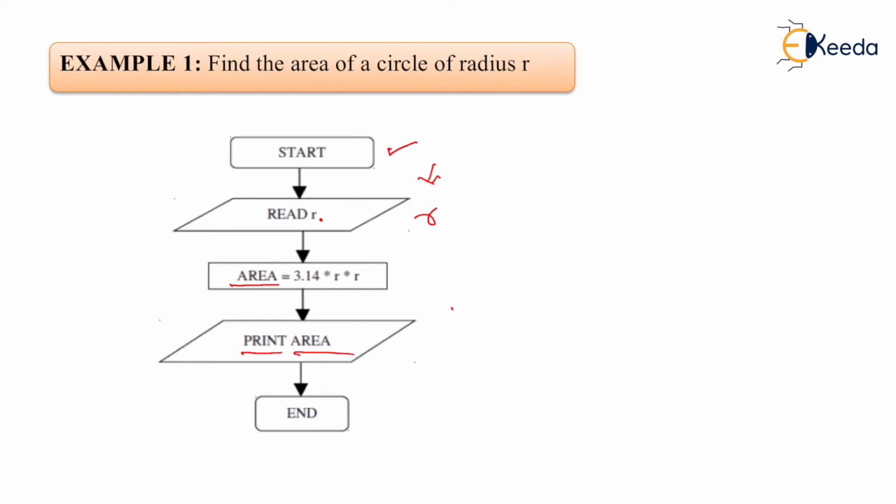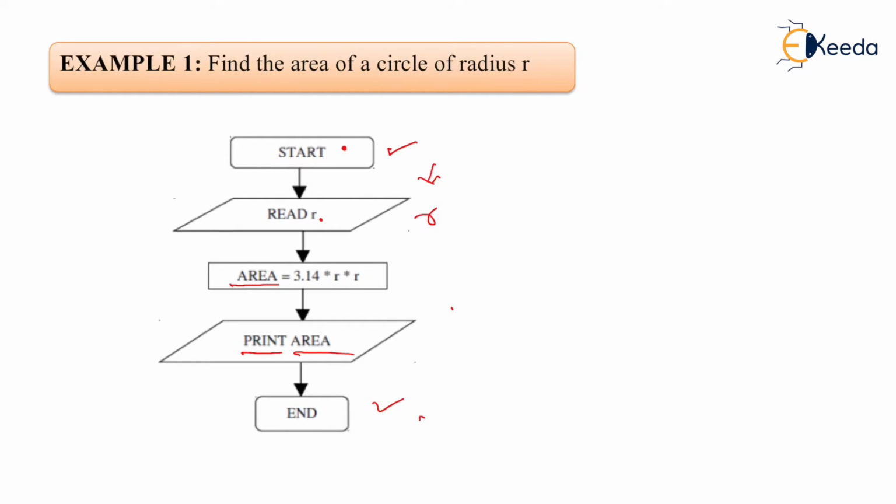And the last is a rounded rectangular box, which is used to end your flowchart. So the first and last box are the same, just the text is different, that is start and end.